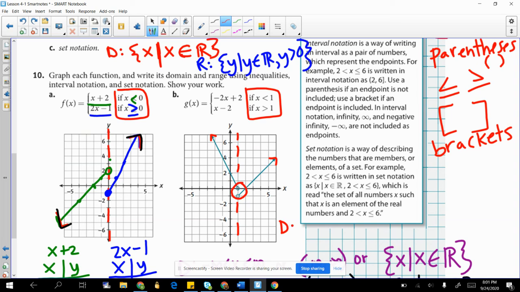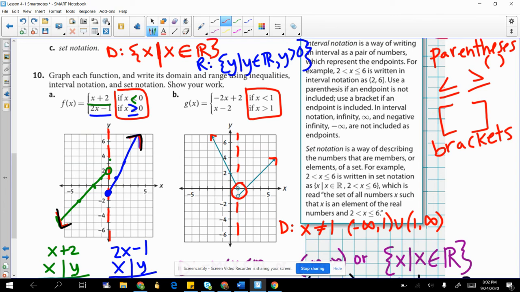Okay. So our domain you could write as your inequality, it looks a little bit different, but you could just say x does not equal 1. Okay. And then when you write it in your interval notation, you would say, instead of from negative infinity to positive infinity, you would say from negative infinity to 1, and then from 1 to infinity. So this is kind of how you show that there's that break in the graph.